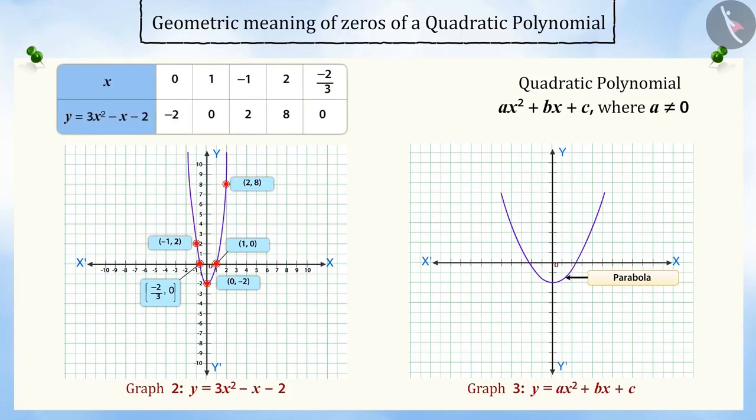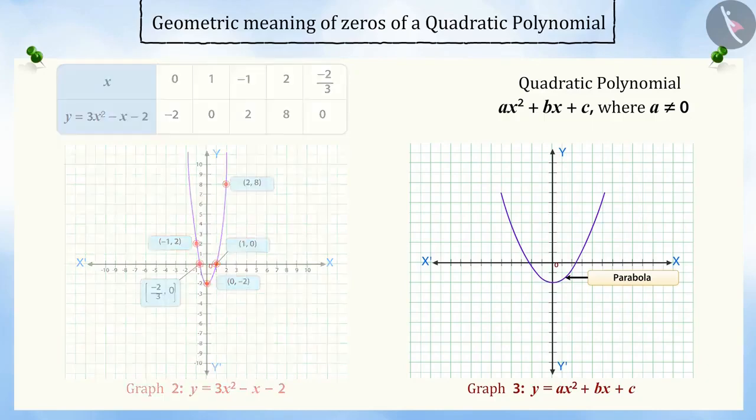With the help of the table, we get to know that 1 and minus 2 by 3 are the two zeros of this polynomial, which are the x-coordinates of the points of intersection of the x-axis for the graph of y is equal to 3x square minus x minus 2.